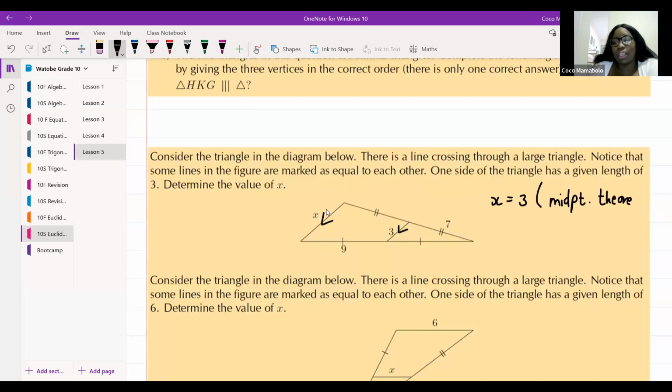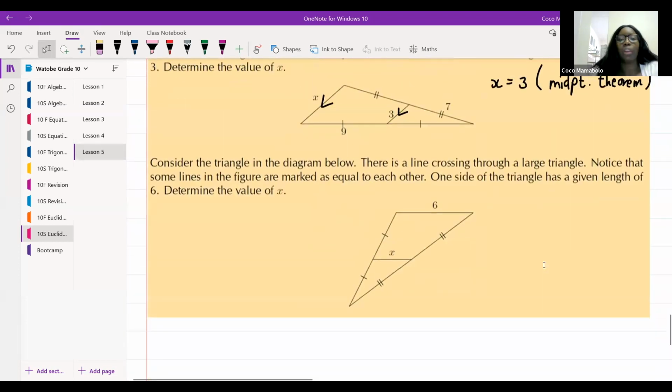How was this difficult? That's all that the midpoint theorem says. And it's quite nice because if you understand it now, you can still use it again in matric because it comes up in matric.